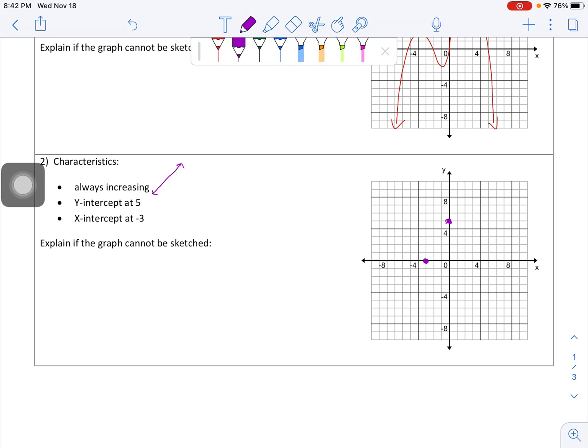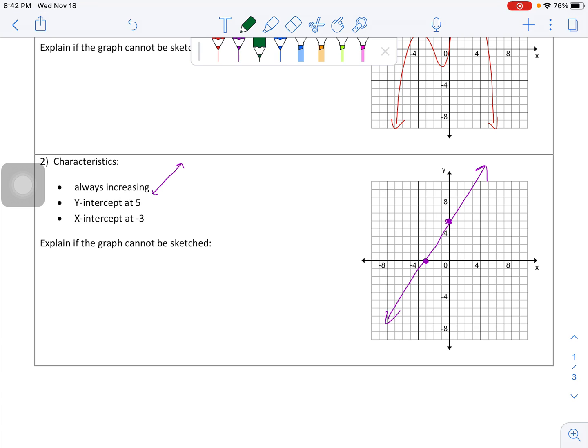Yeah, we can absolutely draw this graph. The very simple way that you could do this is literally just play connect the dots and draw a linear function. A linear function of this form is an always increasing graph. It has the y-intercept and the x-intercept we were given. So sure, that would absolutely be a graph for problem number 2.